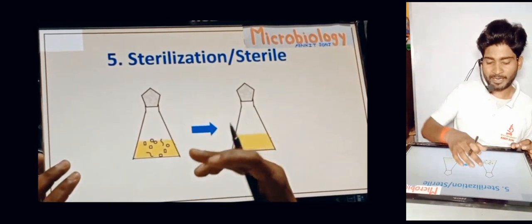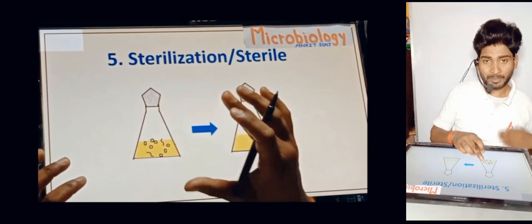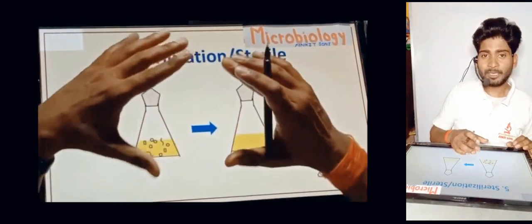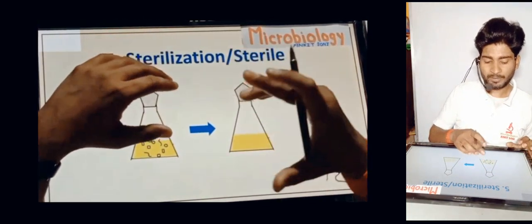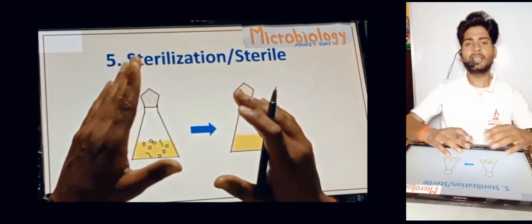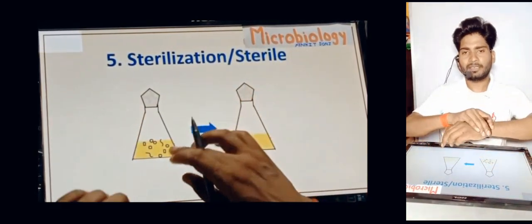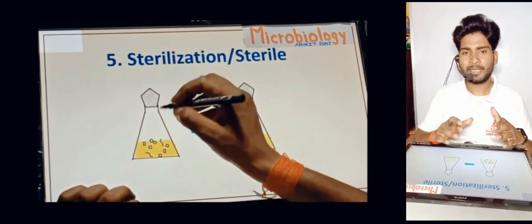You may assume that you have got this result from the milk sample, but maybe those kinds of microbes were already present on the surface of the flask. So sterilization is very important, and in sterilization we completely remove all living organisms from any kind of material.